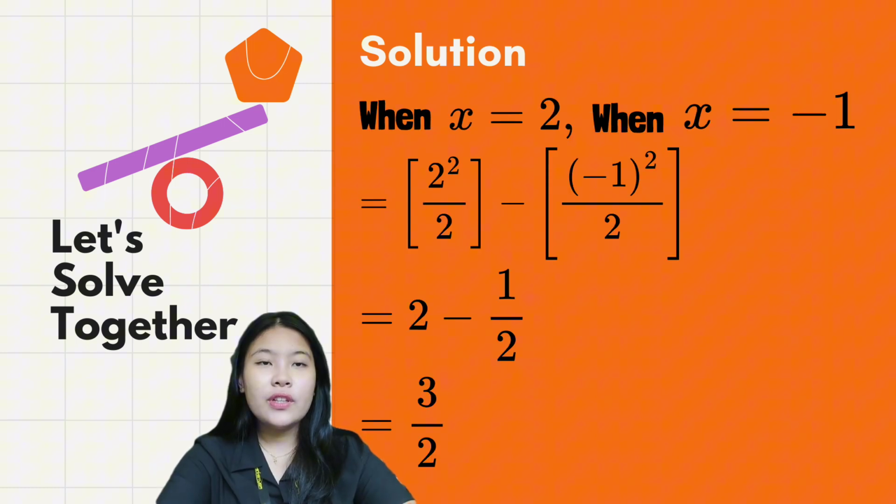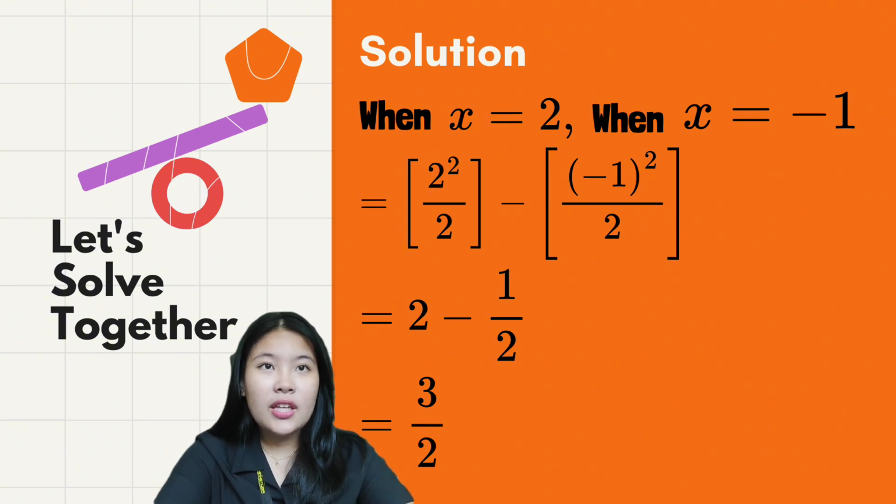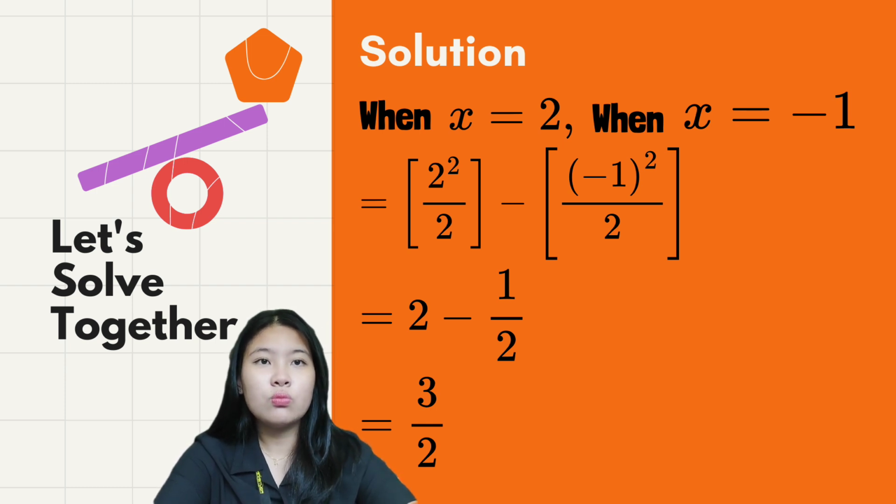Now we will solve the limits when x equals 2, when x equals negative 1. Then in brackets 2 squared over 2 minus in brackets negative 1 squared over 2. Then it will be 2 minus 1 over 2, and the final answer is 3 over 2.